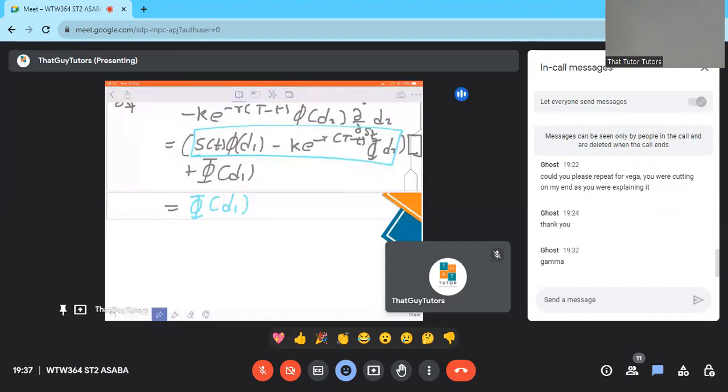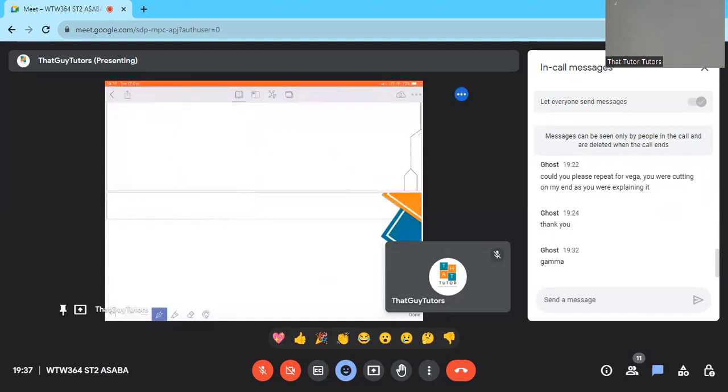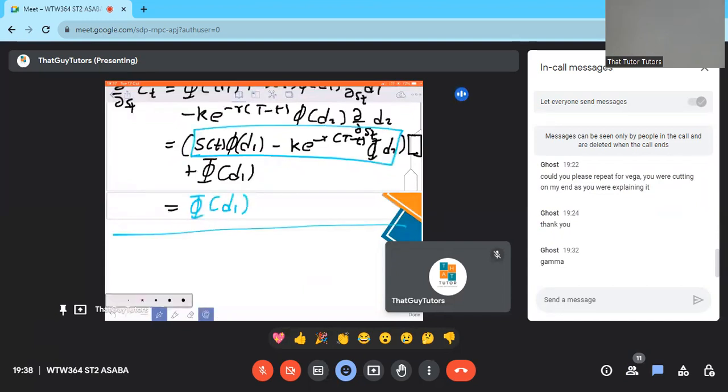And then for the other one, for the second derivative, you are going to say this is going to be your delta. How do you write delta? Yeah, it is. So this would be your delta. So your gamma.